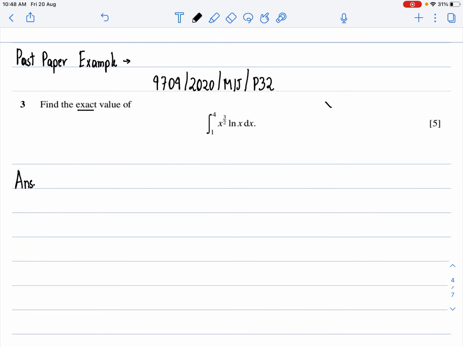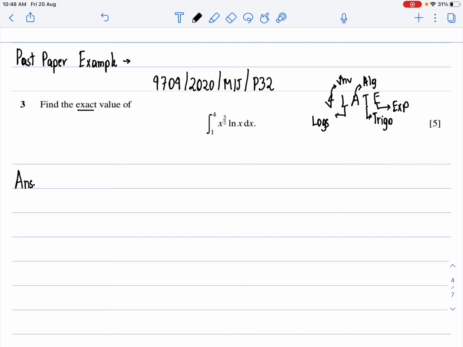So I need to remember ILATE. Remembering ILATE is important. I is inverse, L is logs, A is algebra, T is trigonometry, which is trigo, and E is exponents.